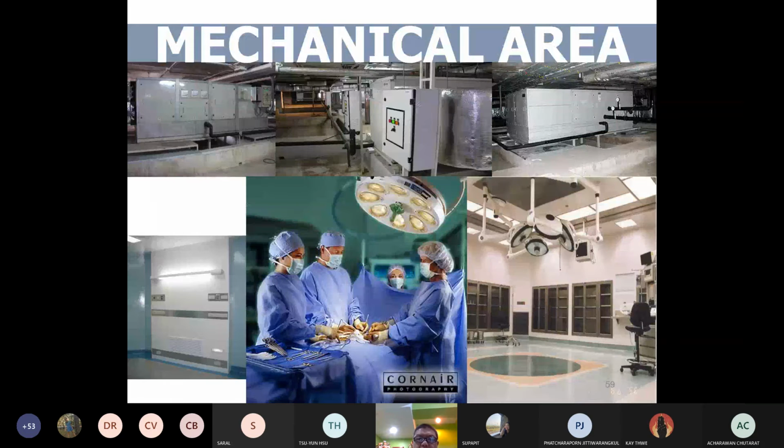Okay, so this one is a mechanical area in the hospital. In the hospital, you can see that they have a special air handling unit in the ceiling, and in the ceiling they have many types of air handling units.